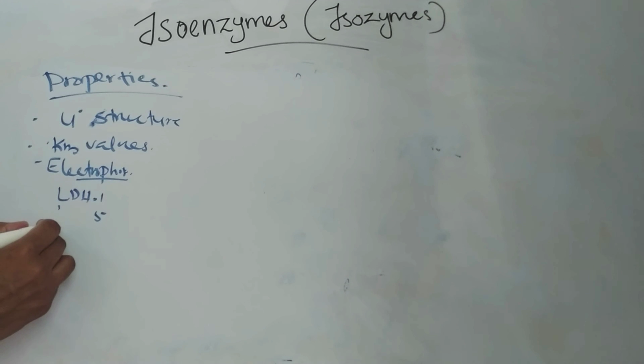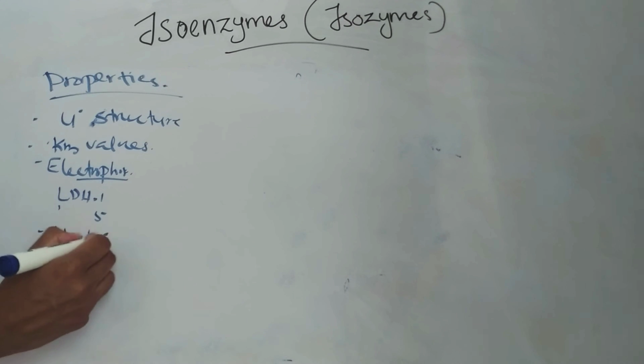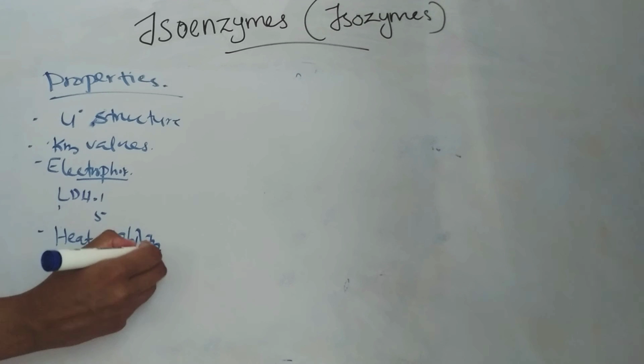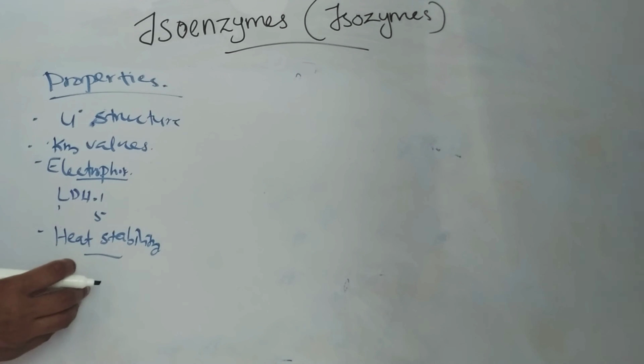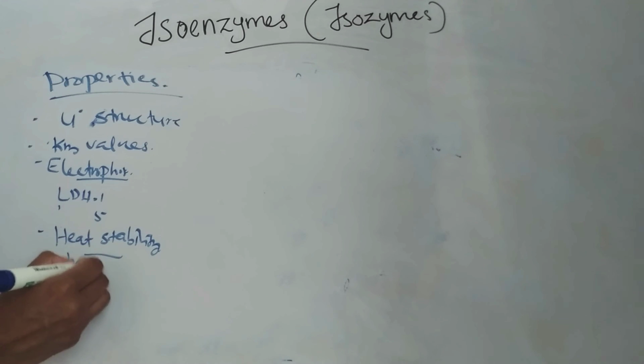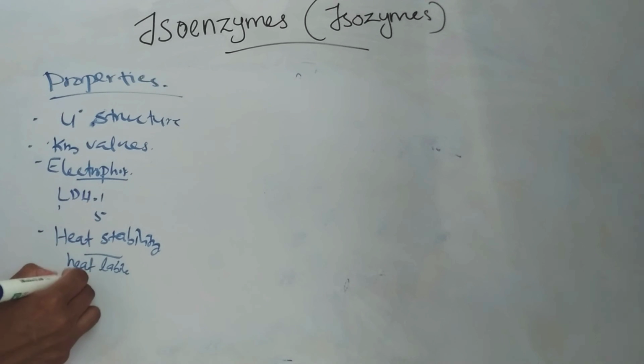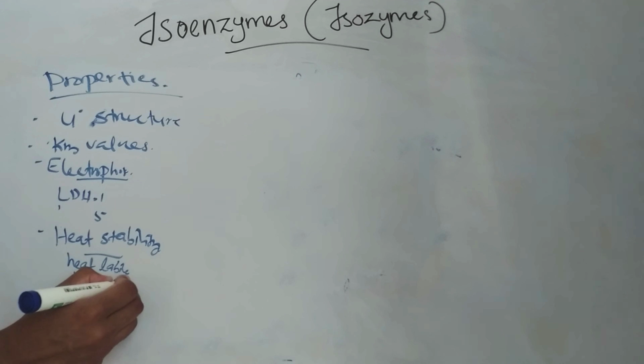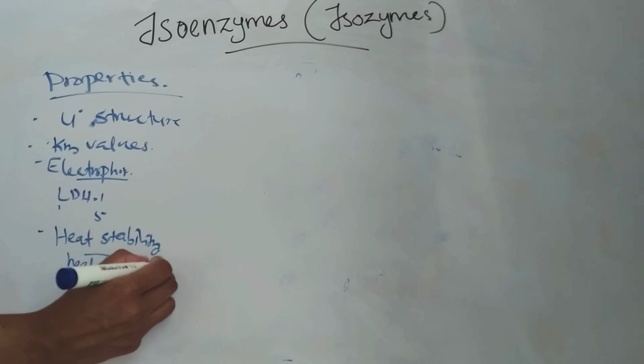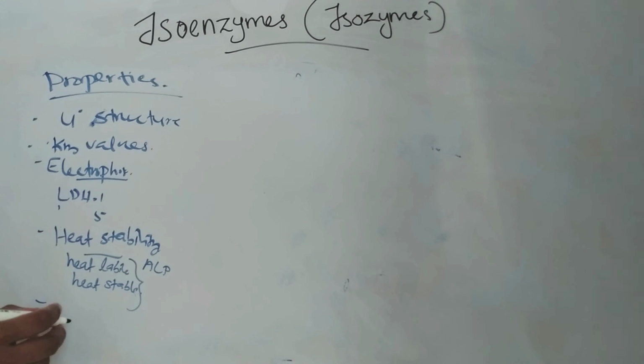Then the next property is heat stability. For example, isoenzymes of ALP are either heat labile or heat stable. Then the next property is antibodies.